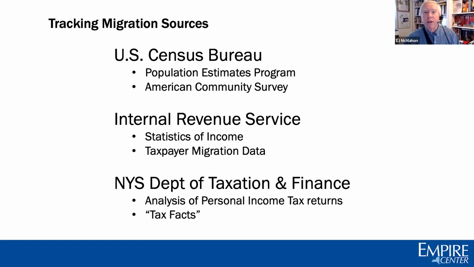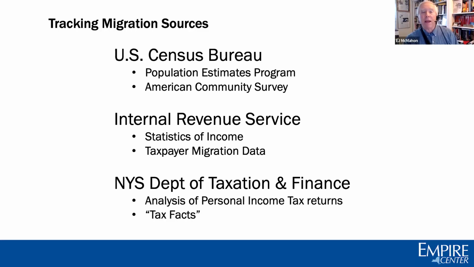There's also statistics of income, which are a breakdown of all the taxes collected in a given state and can help you track how one state relates to another and to national trends. Last but not least, the State Department of Taxation and Finance has its own annual report on analyzing personal income tax returns, which has interesting data that breaks down taxpayers by income category and also by whether they are residents or non-residents or part-year residents, from which you can extrapolate some trends about New York residency.